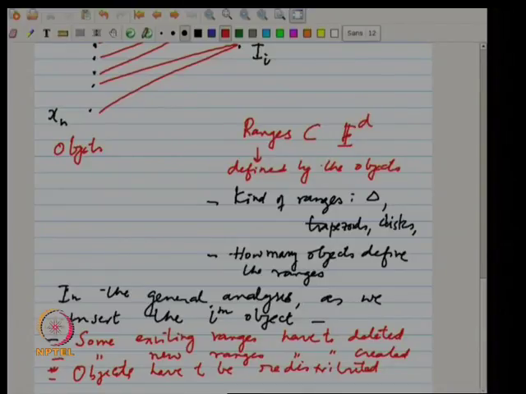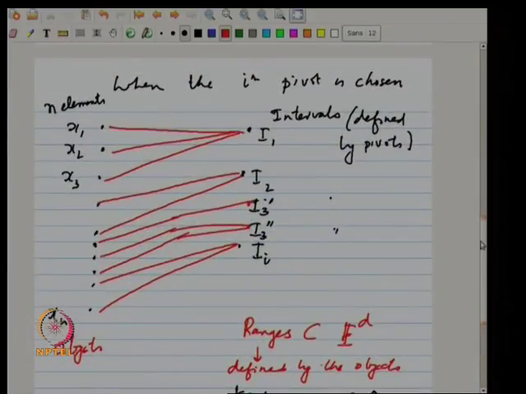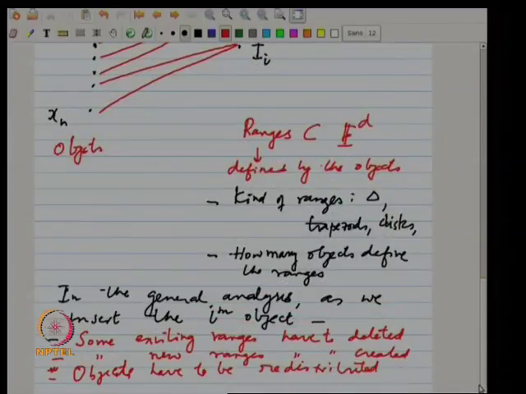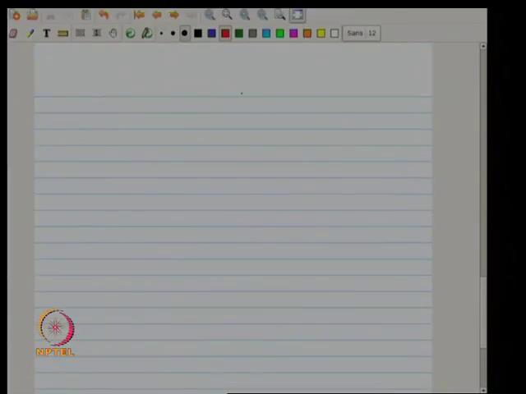In the case of sorting, all those elements that were affected by the partition were the cost associated with that ith pivot step. But in the general case, which objects should be redistributed if some of these ranges disappear? Suppose these were some of the existing ranges, and these were the objects.